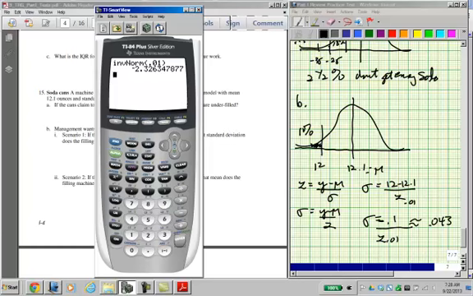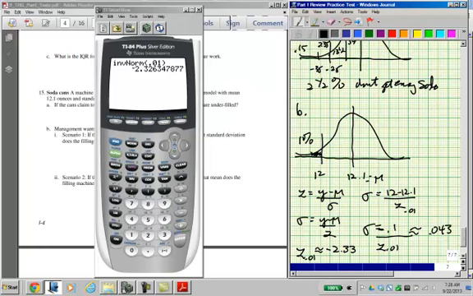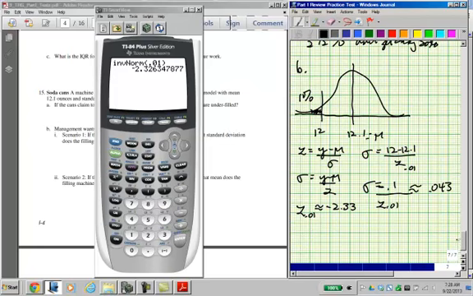Let's call that z of 0.01 is approximately equal to negative 2.33. All right. So we need a standard deviation sigma of approximately 0.03 ounces for 1% of the soda cans to be underfilled.